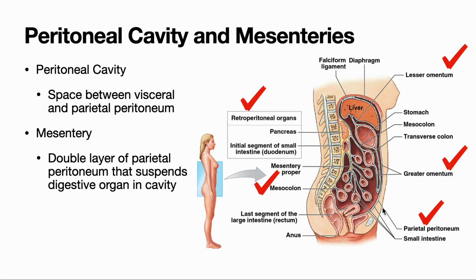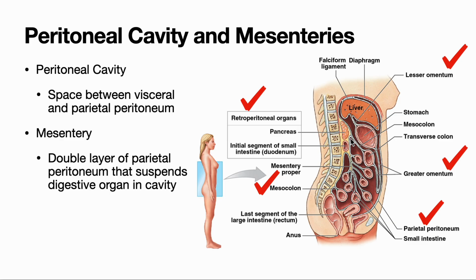And then because we have the greater omentum, I just need to point out the lesser omentum. Not so important for fat storage, but it does suspend the stomach below the liver. And then also important to note that the visceral and parietal peritoneum of the serosa doesn't include all of the organs.